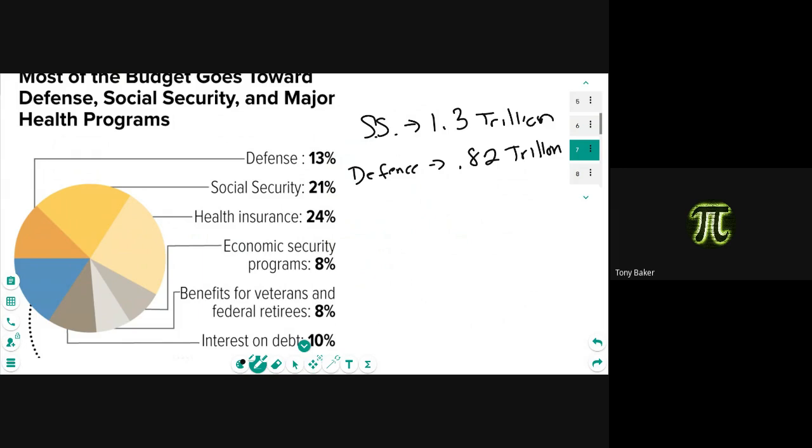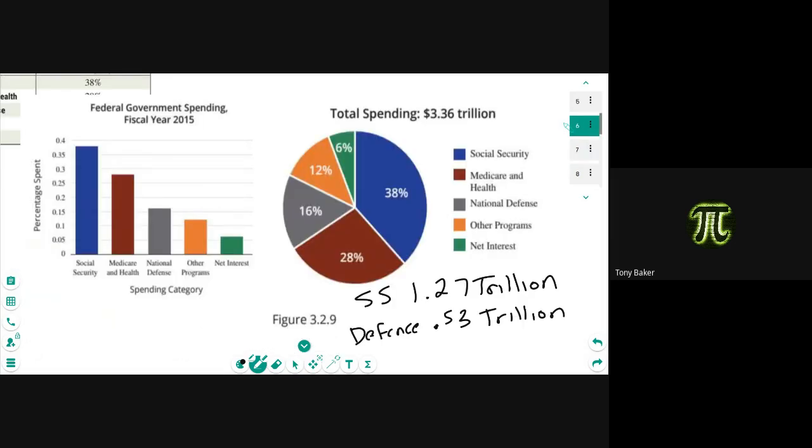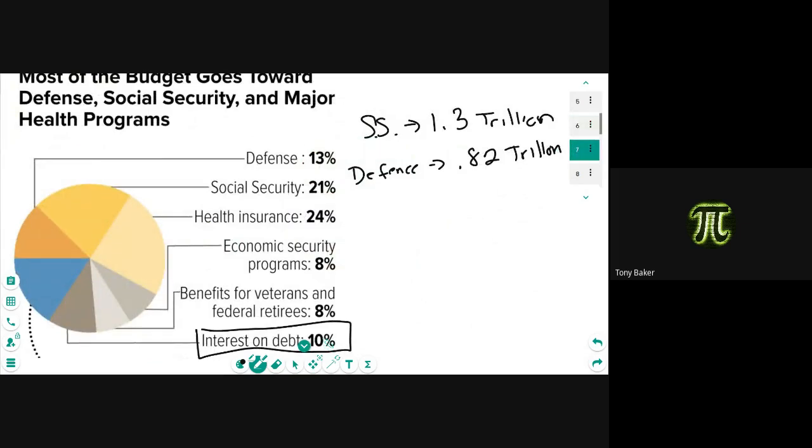The other thing that's really important to look at is the interest on our debt. In this one, it was 6% of 3.36 trillion. That one has gone up in percent, and the budget's gone up. 10% of all the money in our federal budget goes to paying interest on the loans that we've taken out because of the deficit.